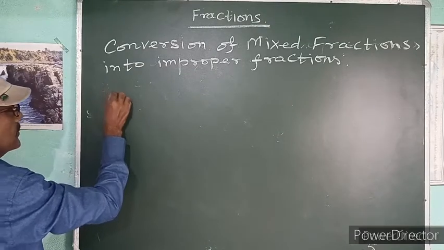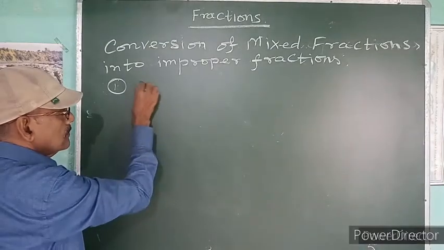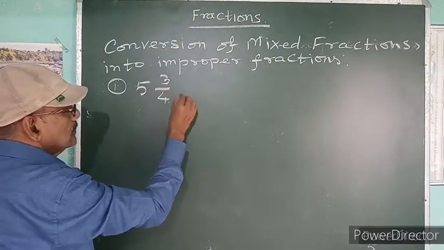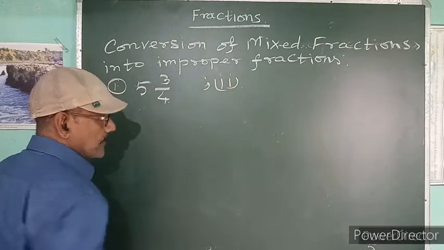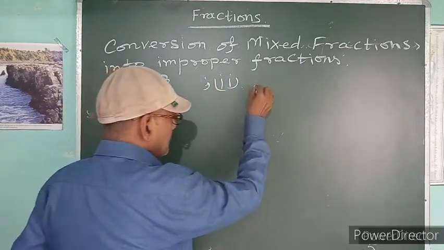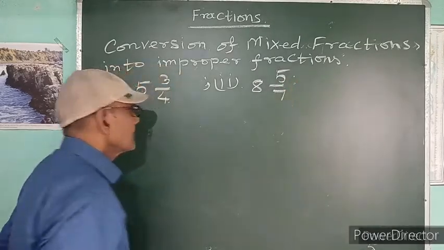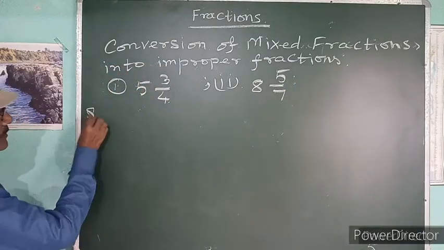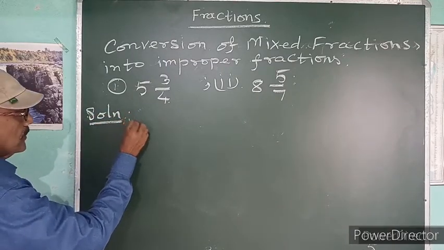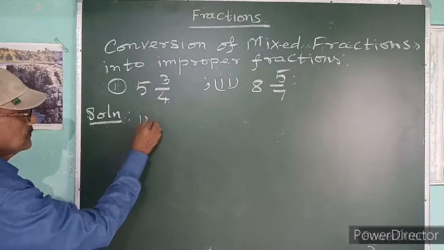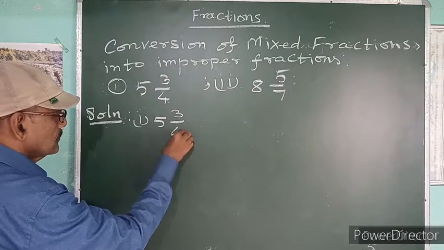Now the question is, number 1, 5 whole 3/4. Number 2, 8 whole 5/7. Now solution for number 1, 5 whole 3/4.